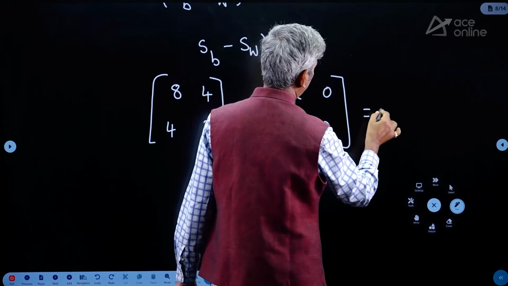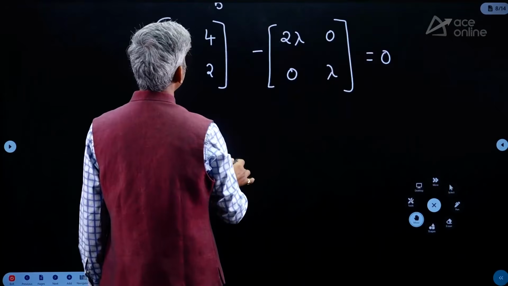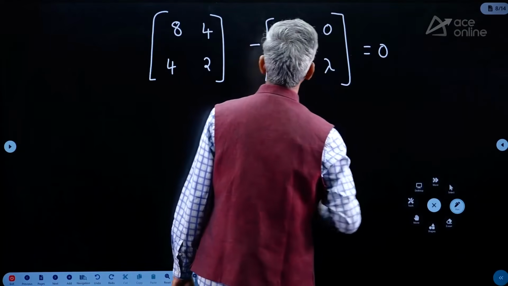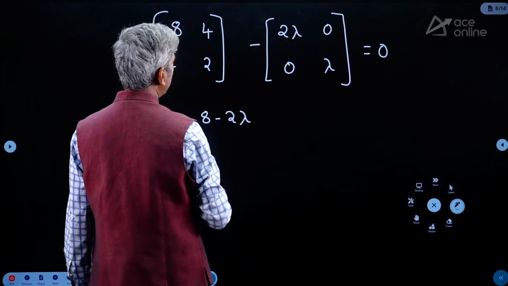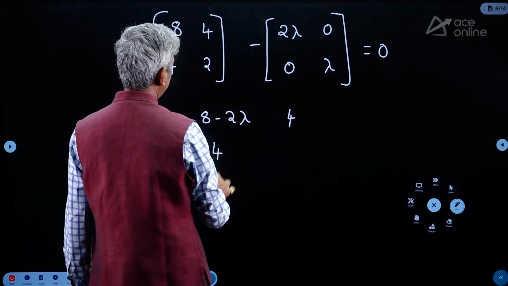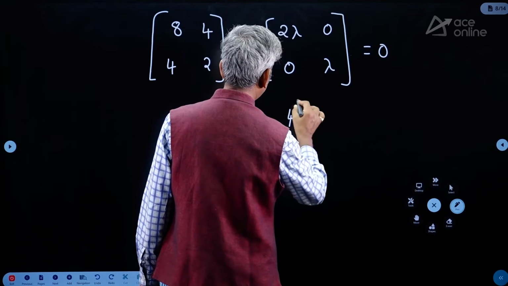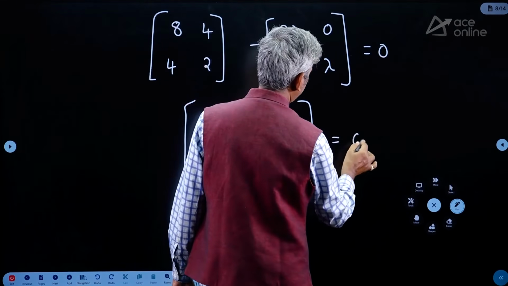So that is equal to 0. So 8 minus 2 lambda, 4 minus 0 is 4, 4 minus 0 is 4 and 2 minus lambda. So this is equal to 0.